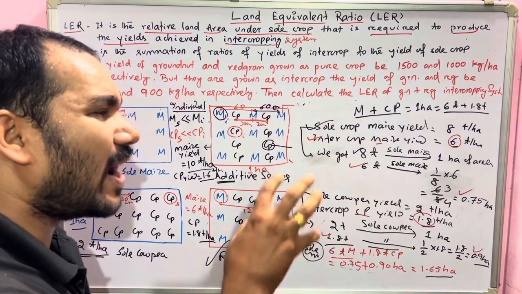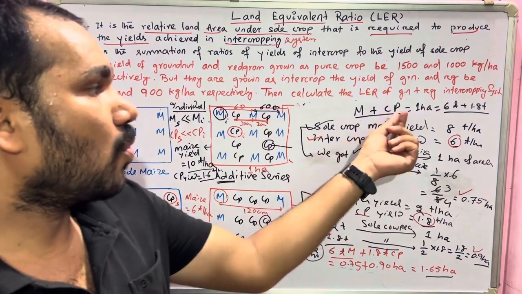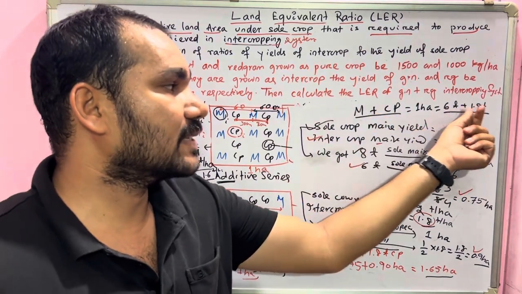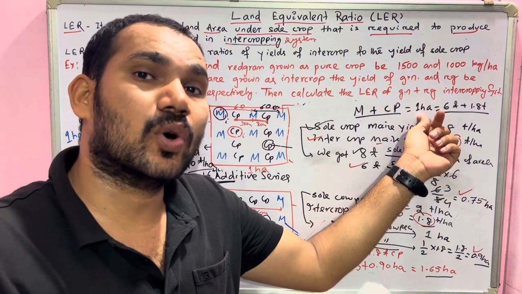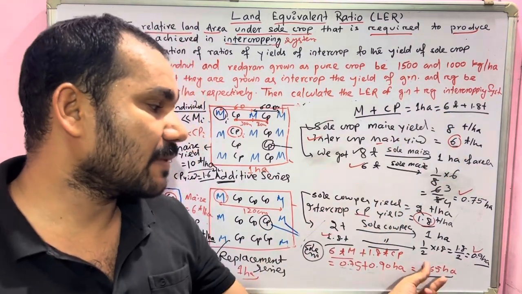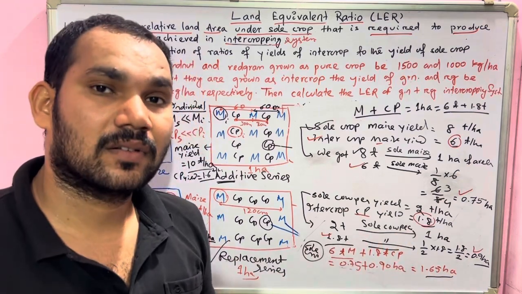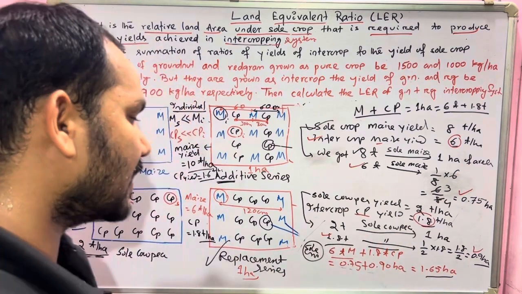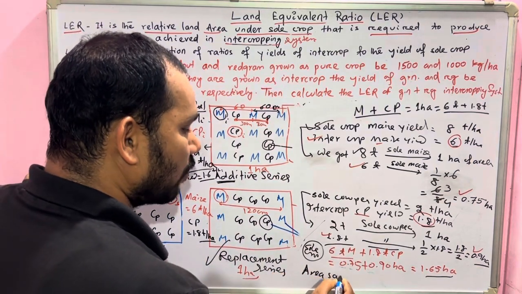Okay. So what are we getting from this concept? Sir, whatever amount of maize and cowpea we are getting from 1 hectare, if we are going for sole crop production, then I require 1.65 hectare to produce the same amount of yield. Yes or no? That means, how much of area is saved here?